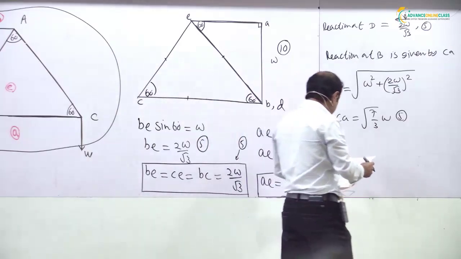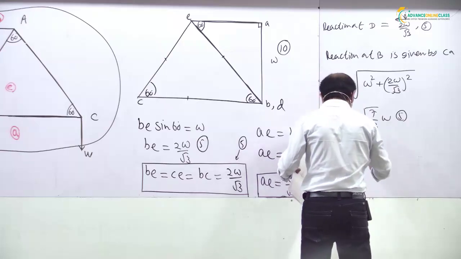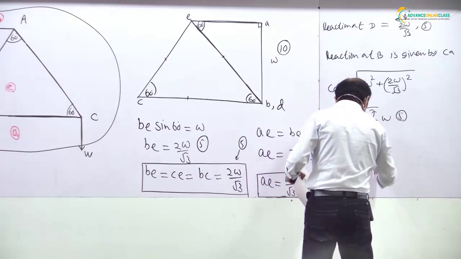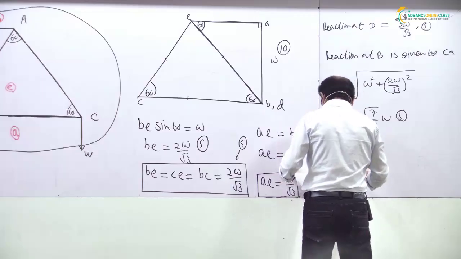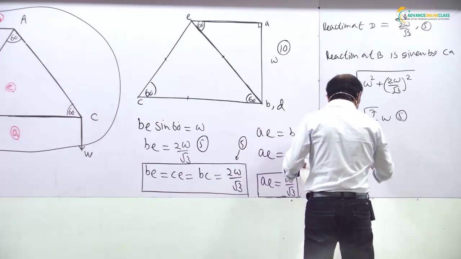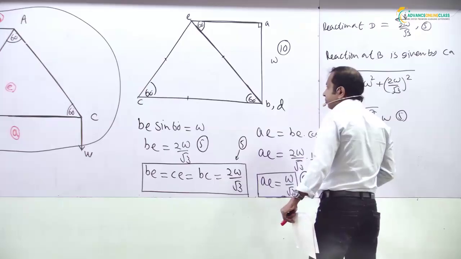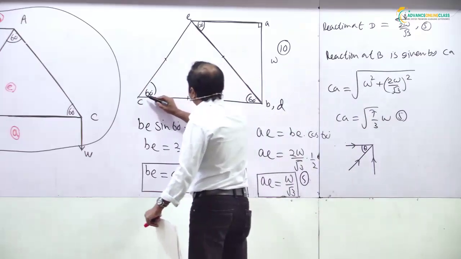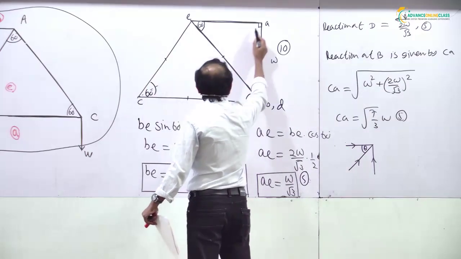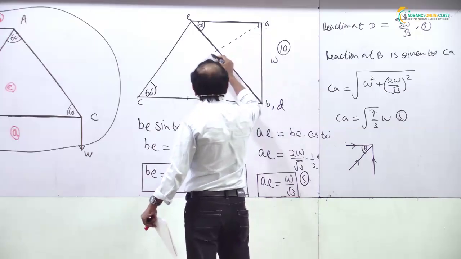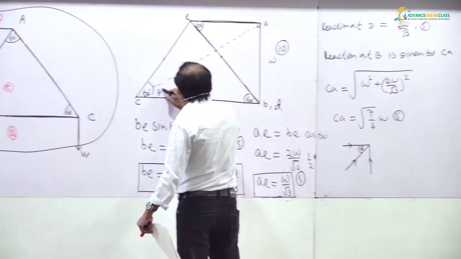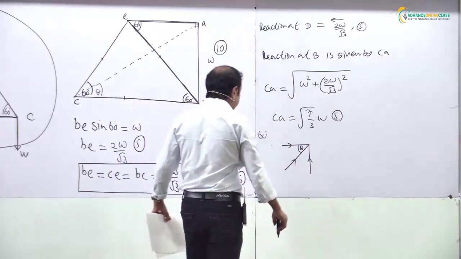The direction you can write as tan theta. Really, CA, no? That force is given by CA, no? This is the angle I took as theta, this way.